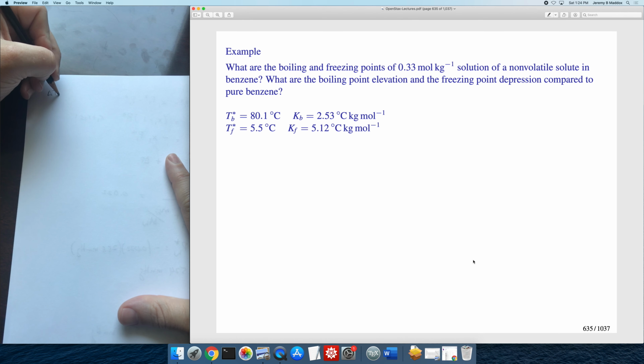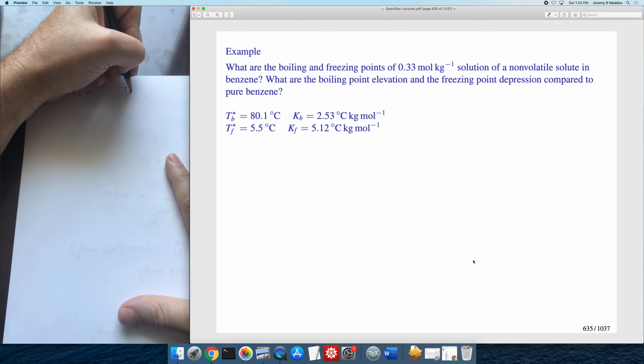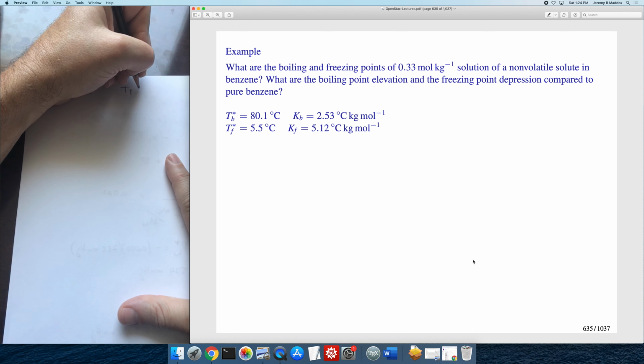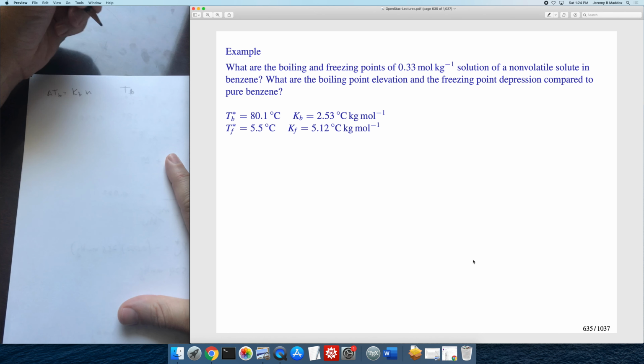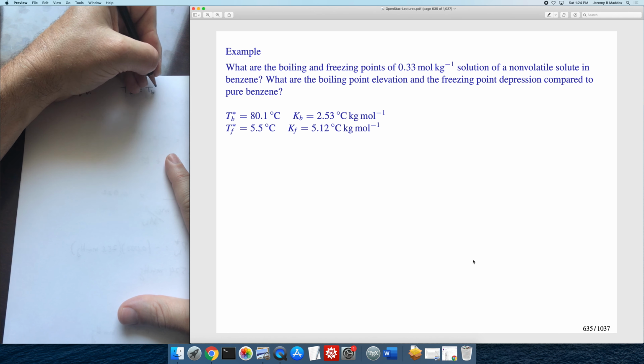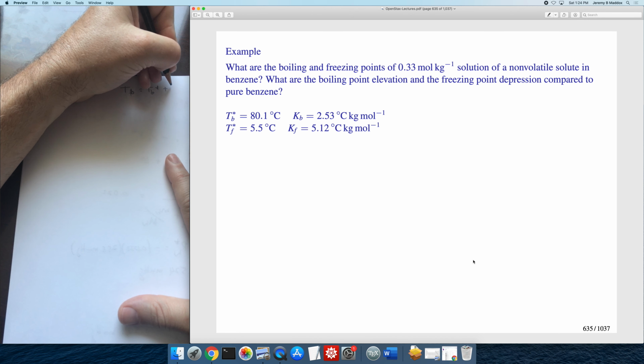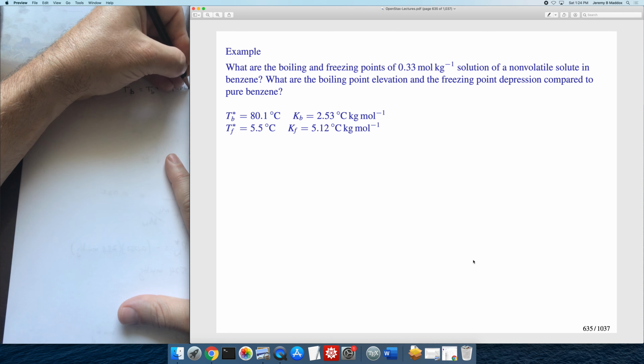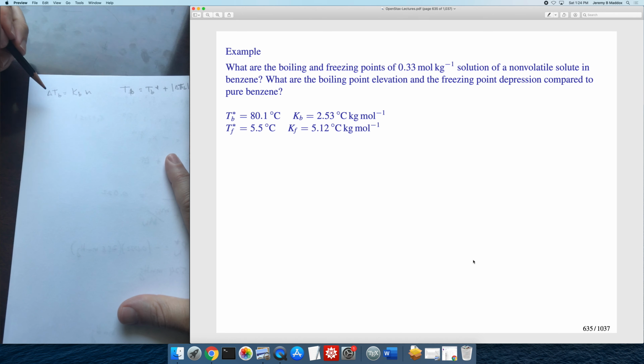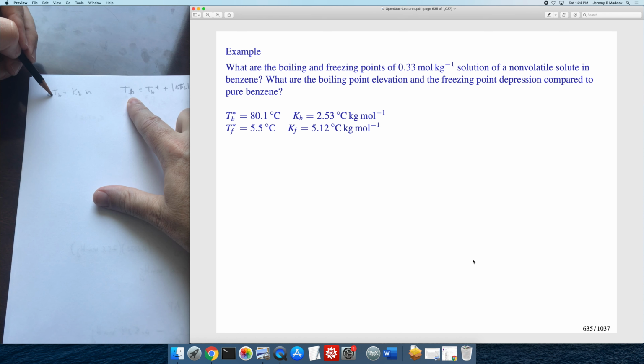The boiling point elevation is going to be Kb times the molality, and the new boiling point, I should write that Tb, is Tb star plus delta Tb. Okay, so this is the elevation and this is the new boiling point.